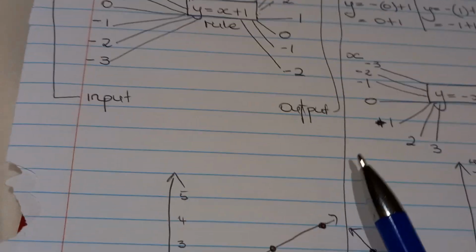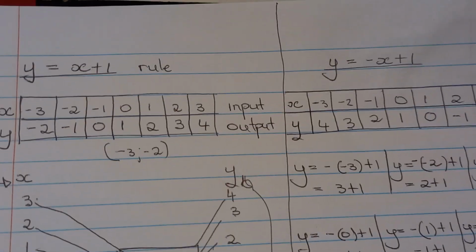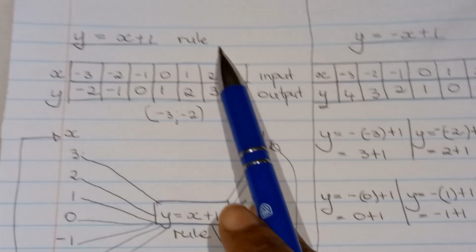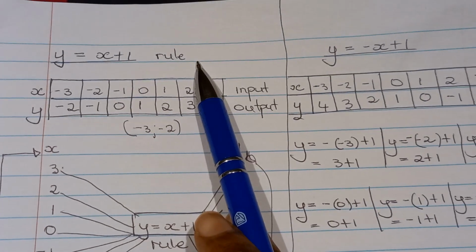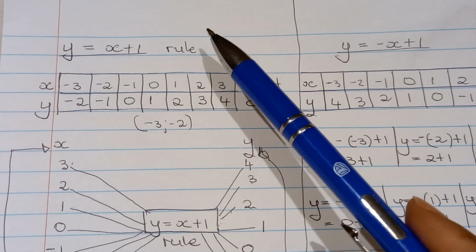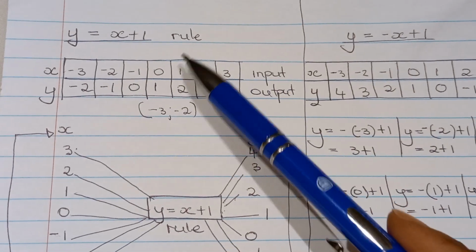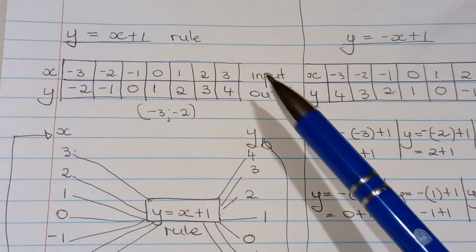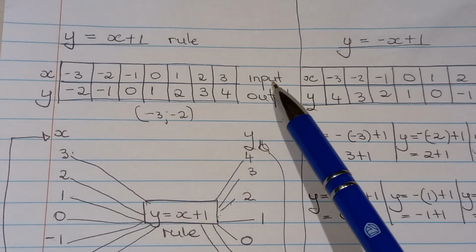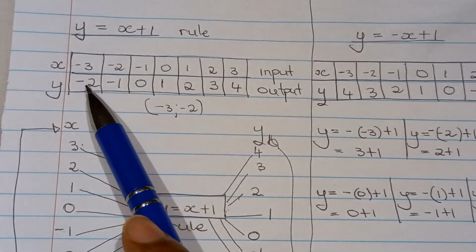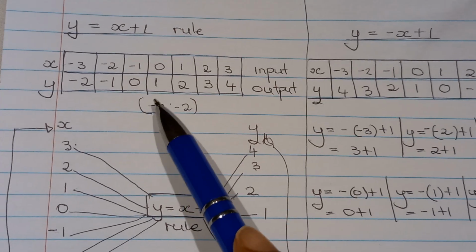So that is how, when you are given rules or an equation, this is for a straight line graph, that is how you then interpret it from what it is here to putting inputs, which are the x values, in order for you to get your output. And then with that you can make coordinates like so.